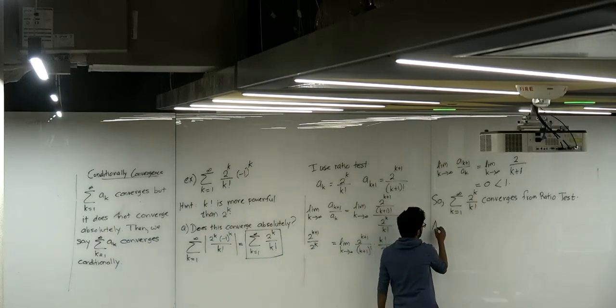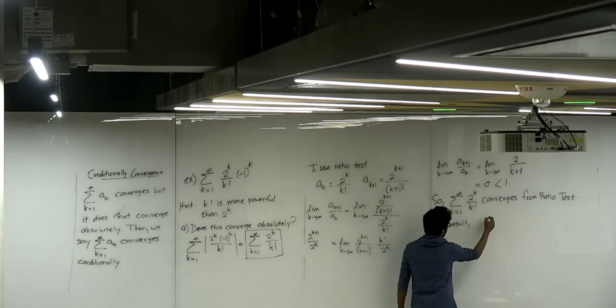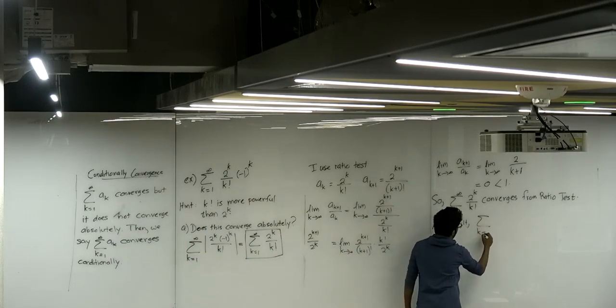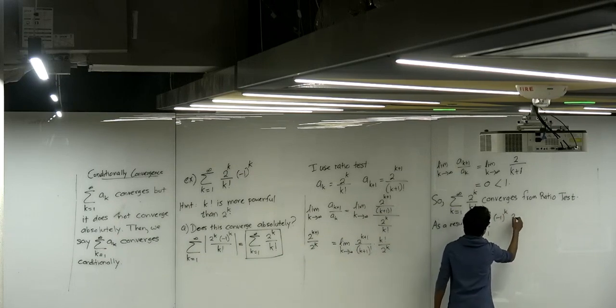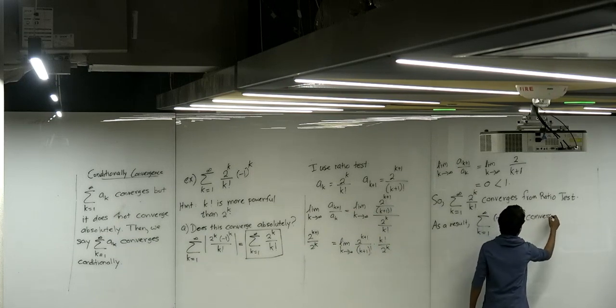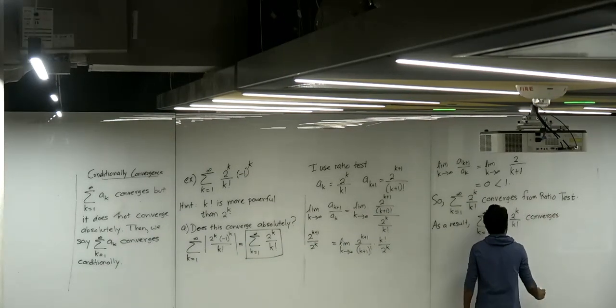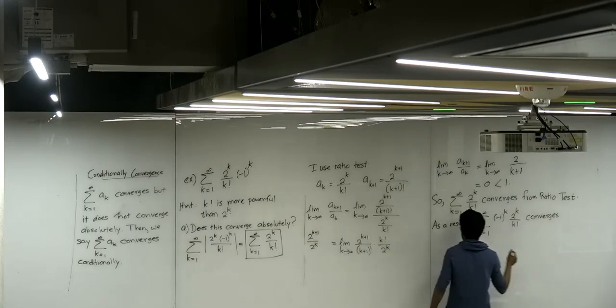So as a result, the original series, from 1 to infinity of negative 1 to the power k times 2 to the power k divided by factorial k, converges absolutely.